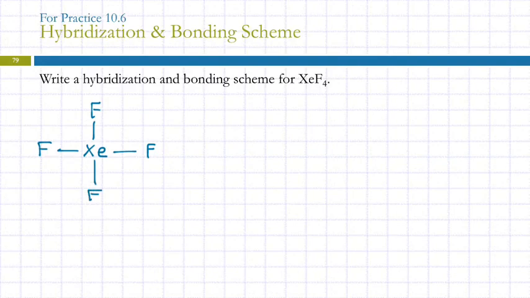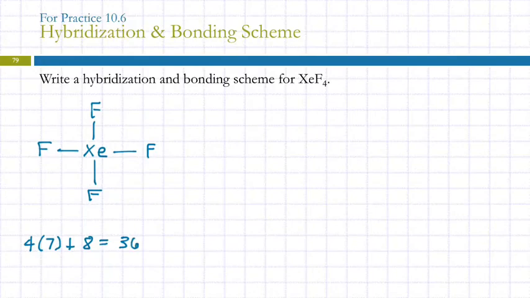And then we have to look at the number of valence electrons. We've got 4 fluorines. They each have 7 valence electrons. And how many valence electrons does xenon have? 8. So we've got 28 plus 8 is 36.